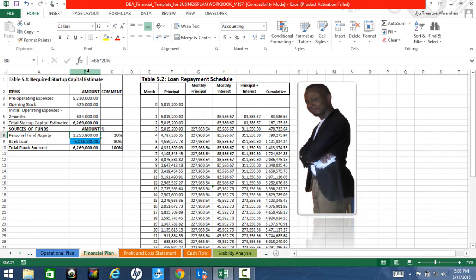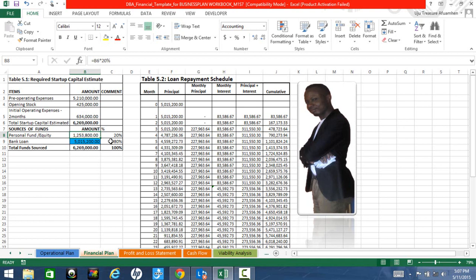This is my B6 cell, multiplying it by 20%. So when you multiply this cell by 20%, what it's going to do for you is to take 20% off the value you have here and return back to you here.